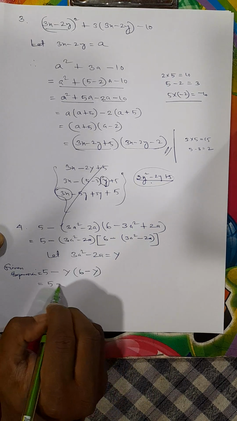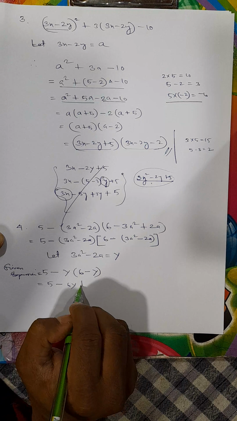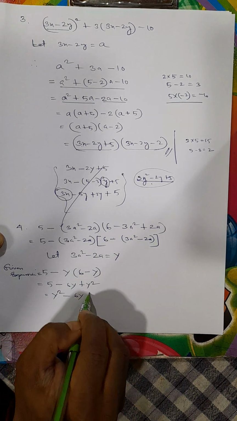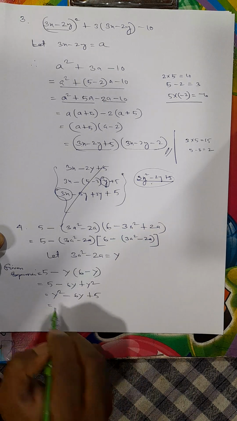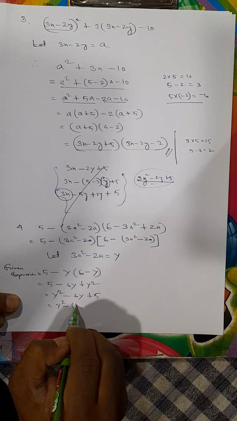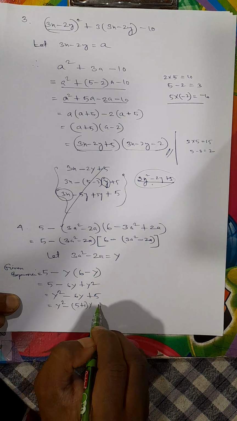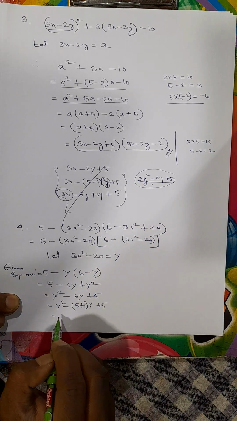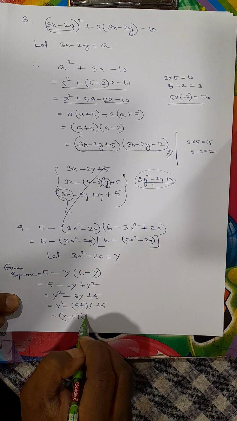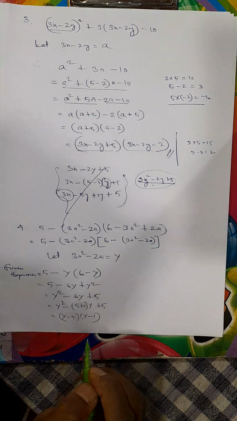That means 5 minus 6y plus y square, or you can write it as y square minus 6y plus 5. So if you do middle term splitting here, y square minus 5y minus 1y plus 5, that means you get y minus 5 multiplied by y minus 1, right?